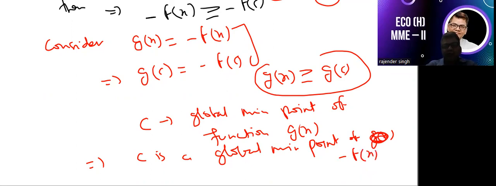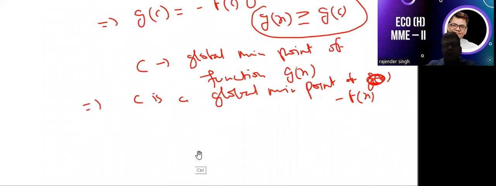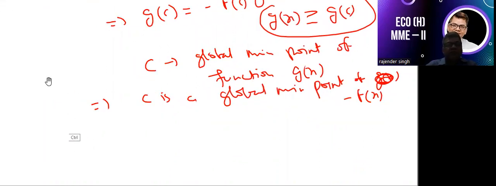Okay, students. This implies g of c is a minimum value.